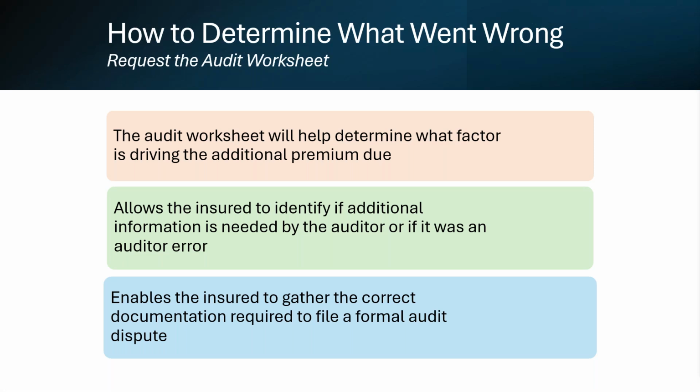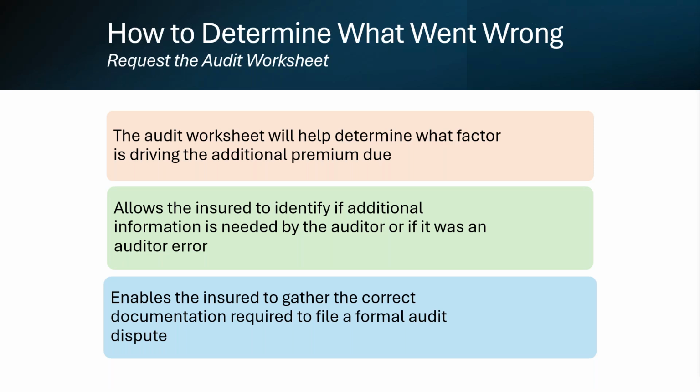It shows a breakdown of employee payroll, classification codes, owners, and potential certificates of insurance for vendors and subcontractors. Having the audit worksheet is really helpful, and it does a few things for the insured. It's going to help determine what factor is actually driving the additional premium due.